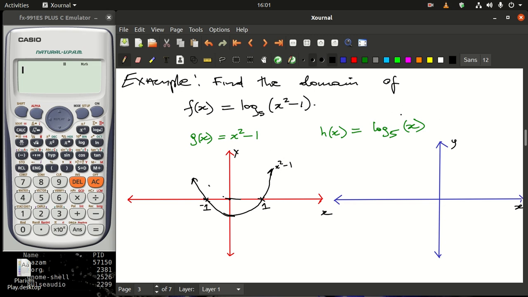But now, how do we end up plotting this nice function here?